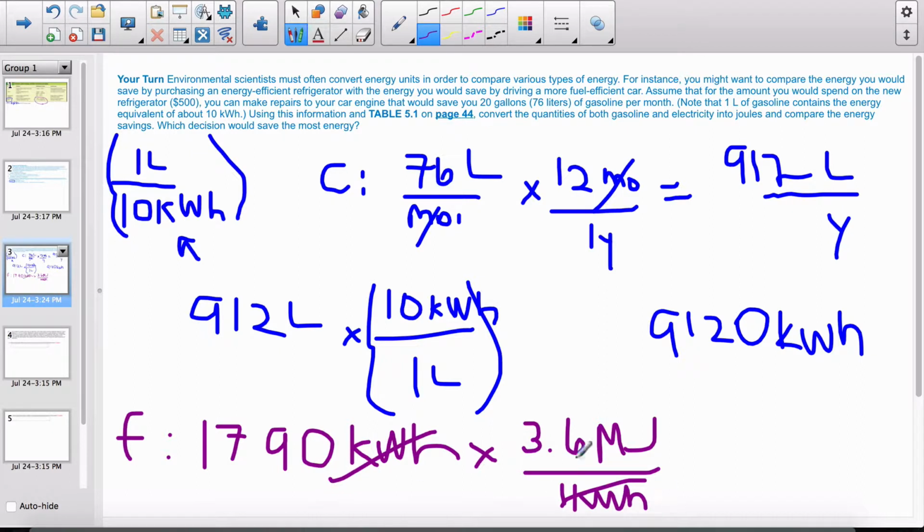Kilowatt hours cancel out. The answer is in megajoules. Same thing's going to happen here. You're going to multiply it by 3.6 megajoules per 1 kilowatt hour. That's my kilowatt hour there. Cancel them out. Both answers are in megajoules.